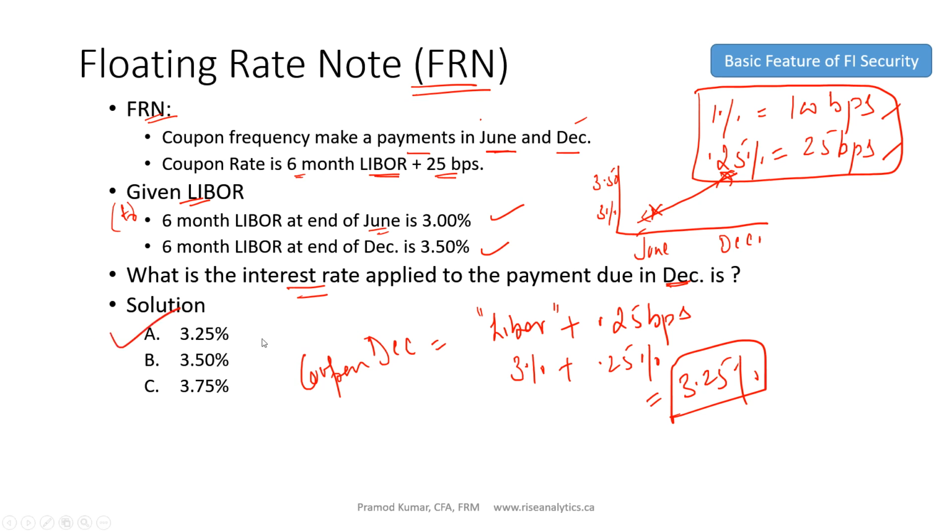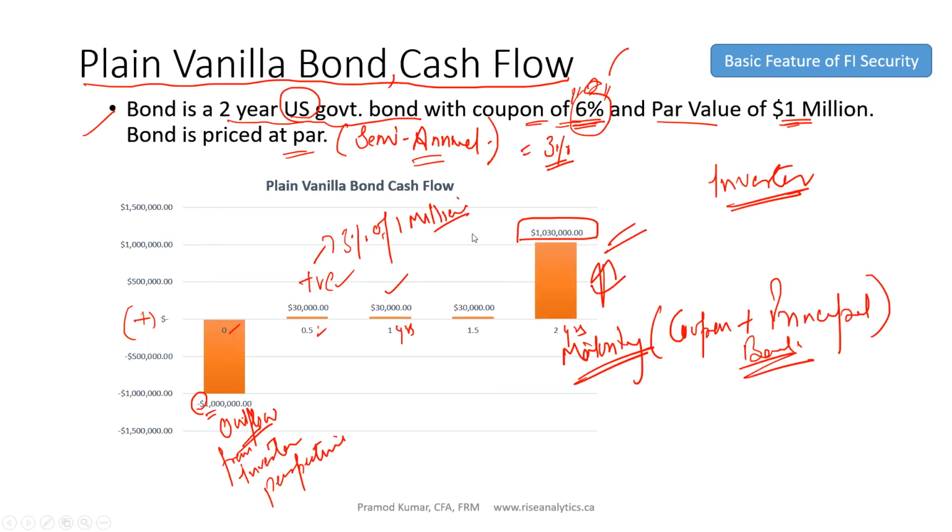Okay, so I'll end this video here. In this video we covered the floating rate example, how the coupon is set. Then we saw the cash flows of the plain vanilla bonds as well.